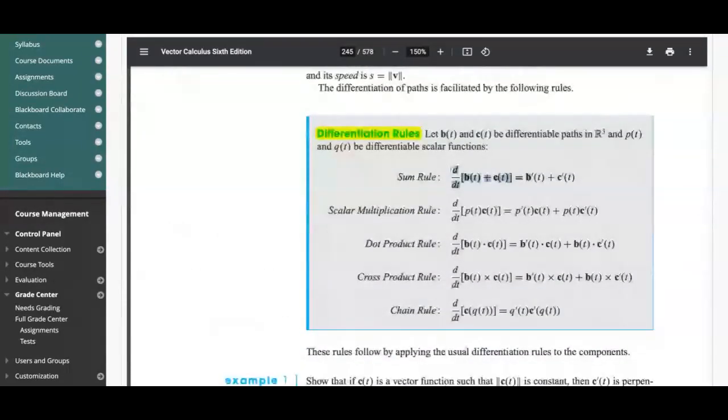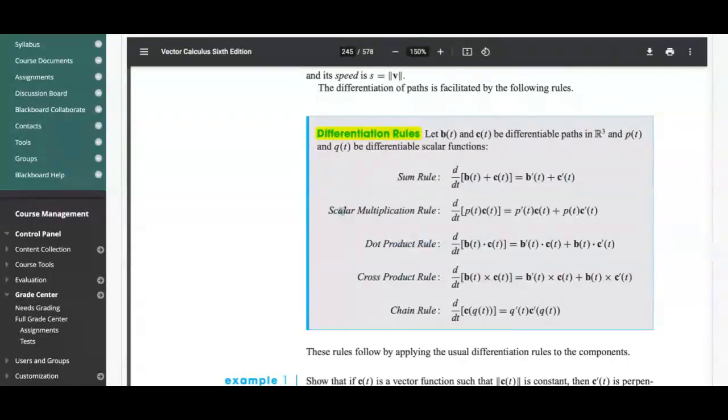Right, and someone has already verified some of those properties. Sum rule: the derivative of the sum of two paths is the same as the sum of the derivatives of the two paths. Scalar product rule. Dot product rule.